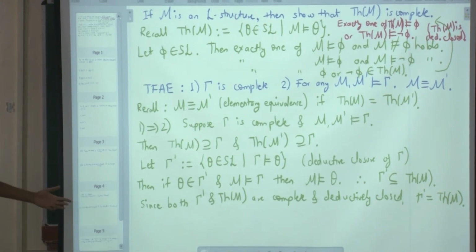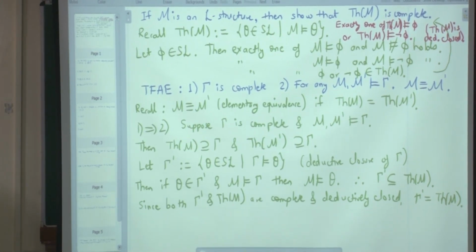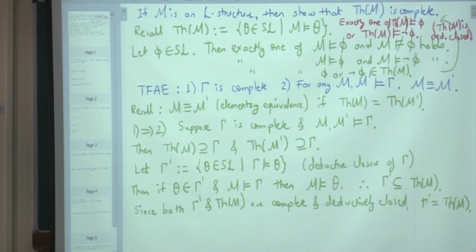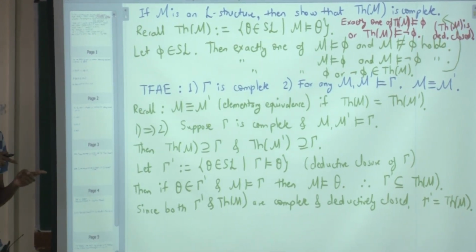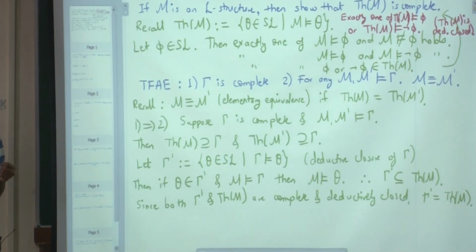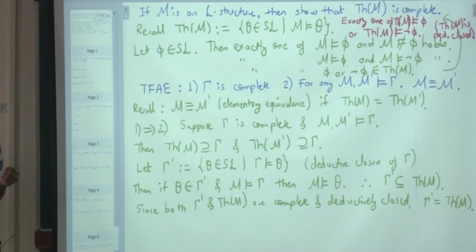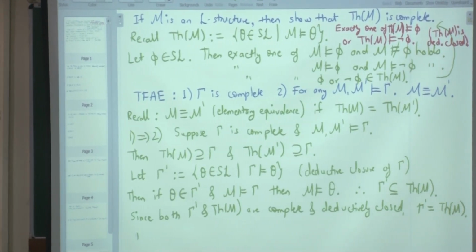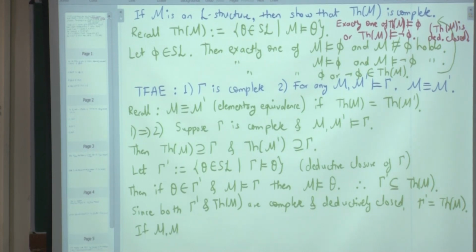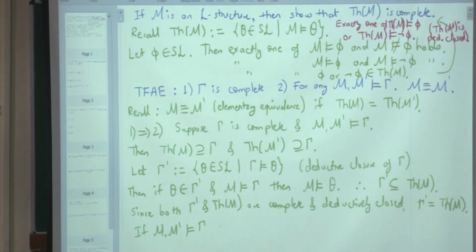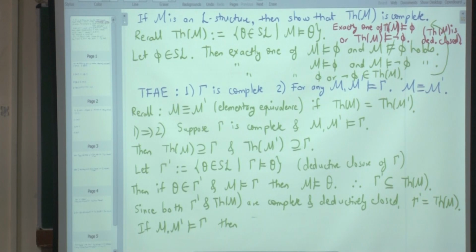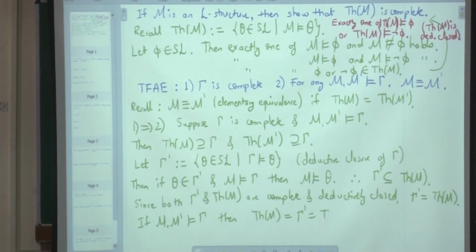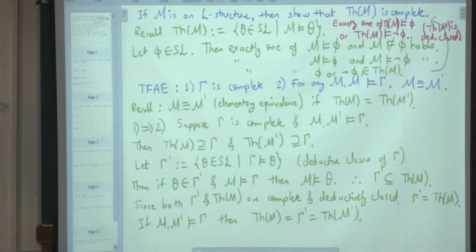Okay, so gamma prime was the deductive closure of gamma, and we have shown for any model M, theory of M is equal to gamma prime. So in particular, if M and M prime are models of gamma, then theory of M is equal to gamma prime, equal to theory of M prime.